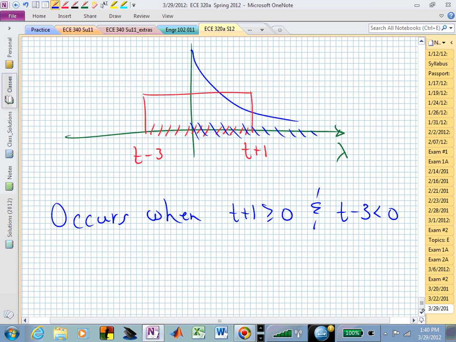Or if we just rewrite this, this says that we want t to live between minus 1 and 3.